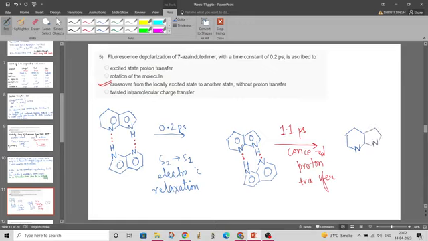So the proton transfer will happen. The hydrogen, the covalent bond will go with the 6-membered ring, and the hydrogen bond will come to the 5-membered.